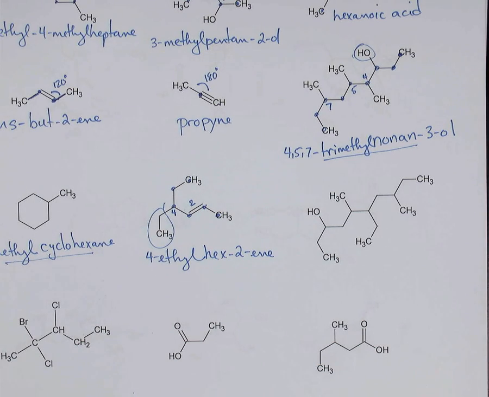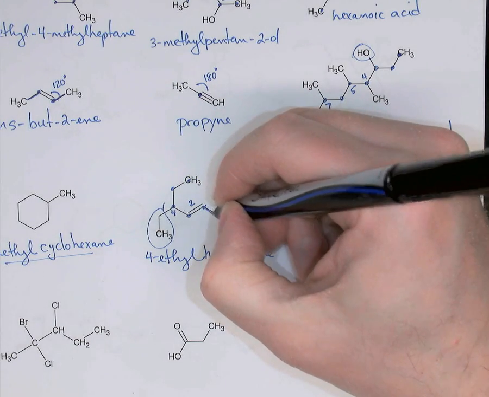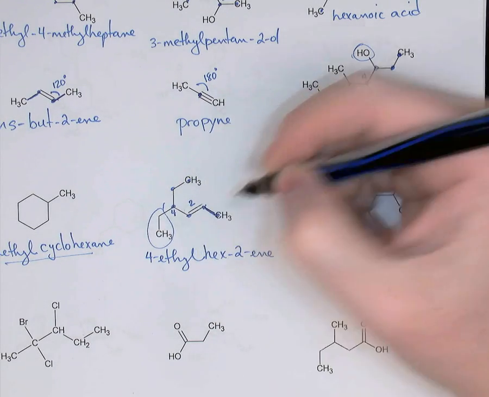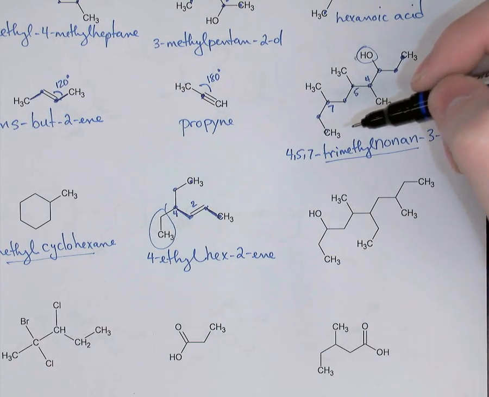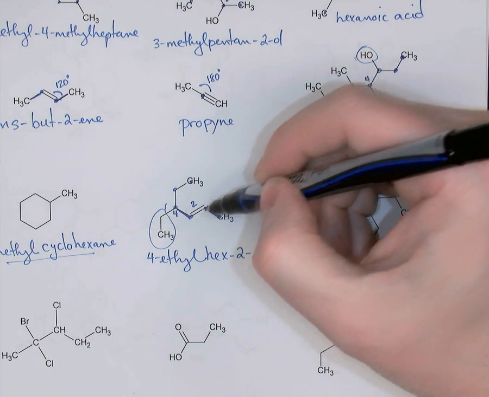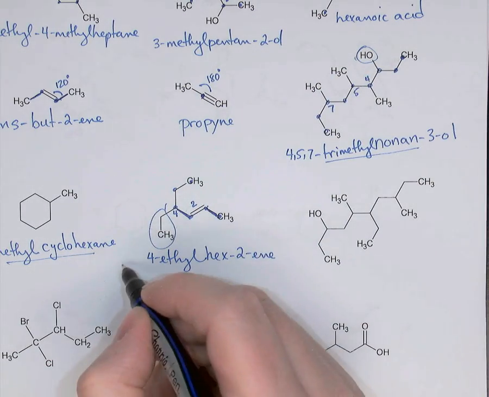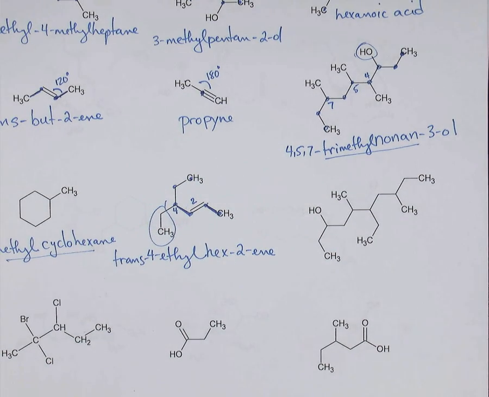And then finally, if you want to get into the geometric isomerism, looking at the double bond here, we see that this methyl group is coming down towards us while the rest of the molecule is going up away from the double bond. So they're going in opposite directions on either side of the double bond. Therefore, that's the trans isomer again. So trans-4-ethylhex-2-ene.